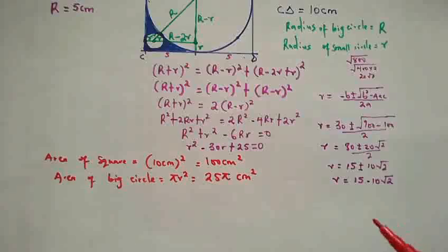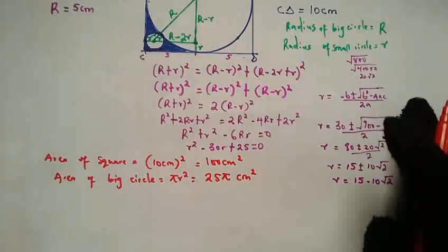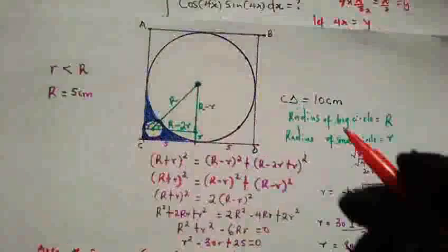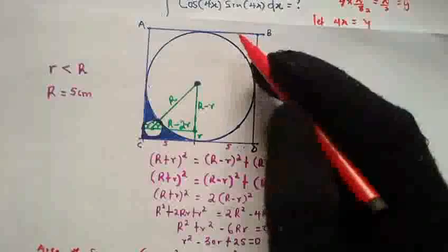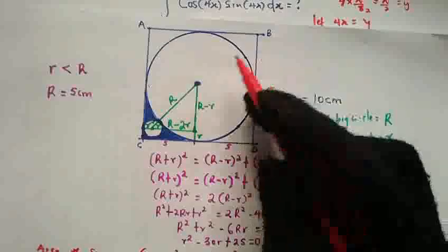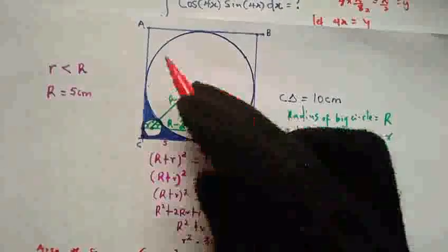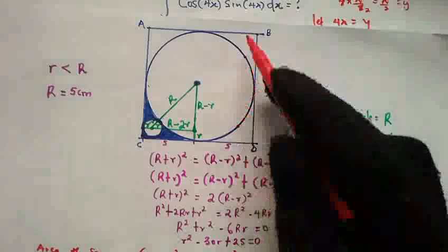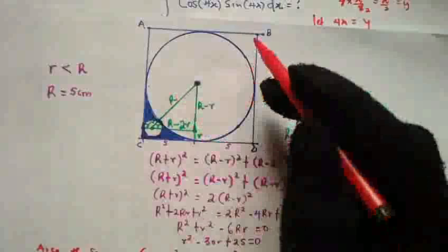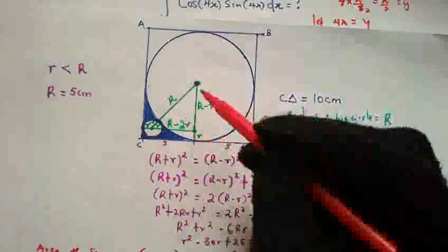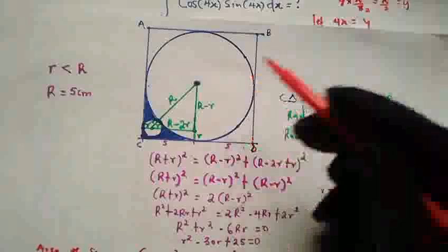Okay, so what is the next thing to do here? Now let's find the area of each corner. Remember that if you want to find the area of the four corners here, we quickly subtract the area of this circle from the big square. But we are finding the area of each corner, meaning when we subtract the area of the circle from the area of this square, we divide it by 4 to get each corner.